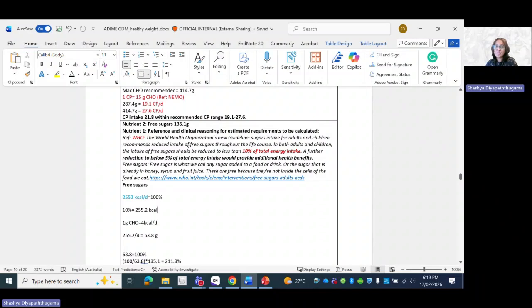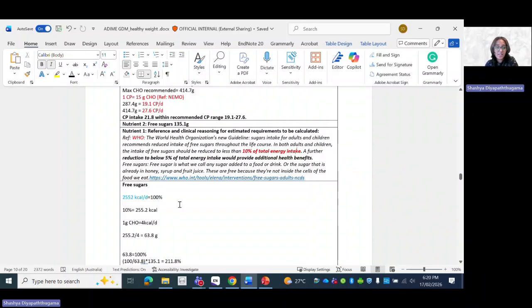And it is recommended to reduce the intake of free sugars to less than 10% of the total energy intake. And if it drops further below 5% of the total energy intake, that could provide additional health benefits. This is according to WHO. So we will try to see if it's 10% of the total energy intake, because that is the higher value.